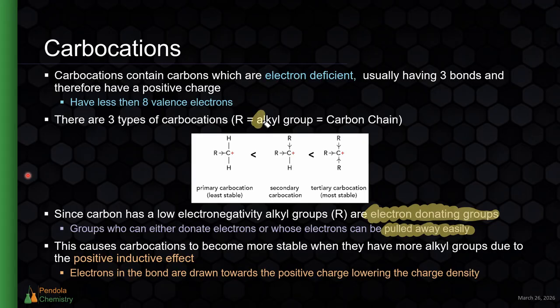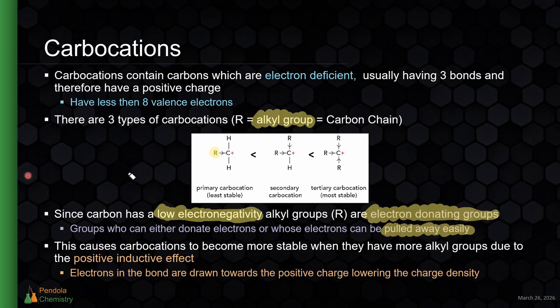But in the case of an alkyl group, a carbon chain, electrons can be pulled away easily. Why? Because that R group, that carbon chain, is made of carbon, and carbon has a very low electronegativity. That makes these alkyl groups, these R chains, electron donating, meaning the positive inductive effect can happen.